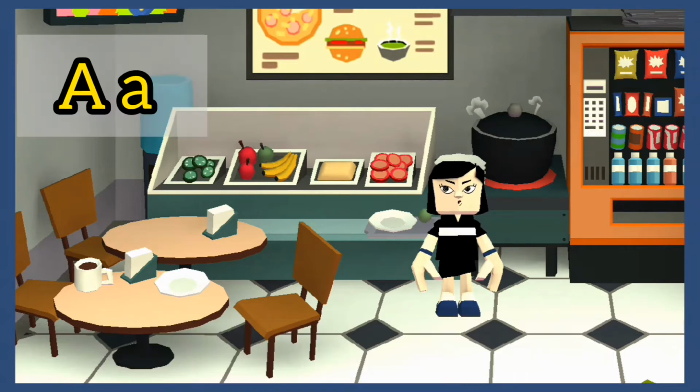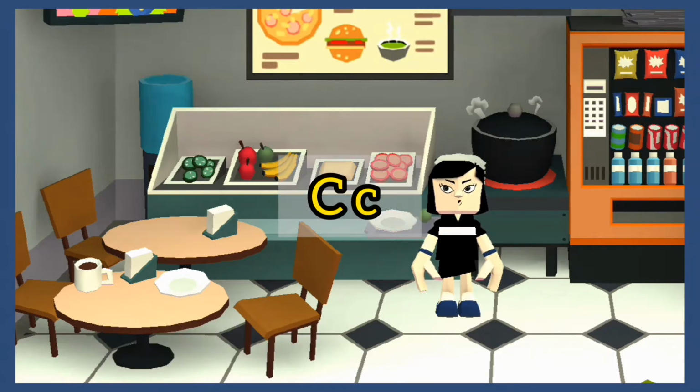They are A, B, C, D, E, F, G, H, I, J, K, L, M, N, O, P, Q, R, S, T, U, V, W, X, Y, and Z or Z.